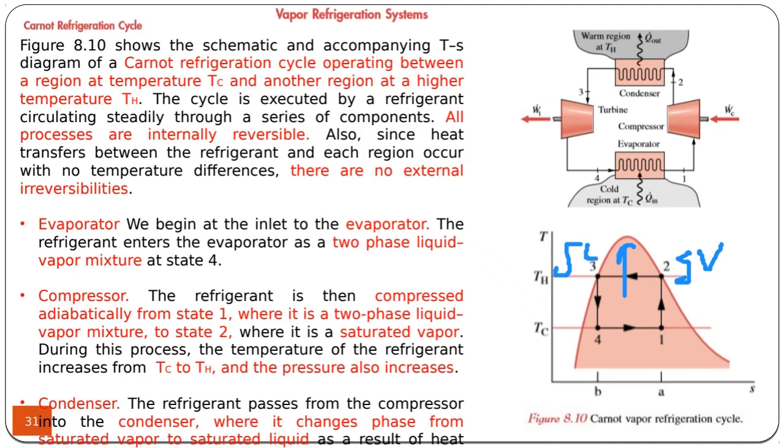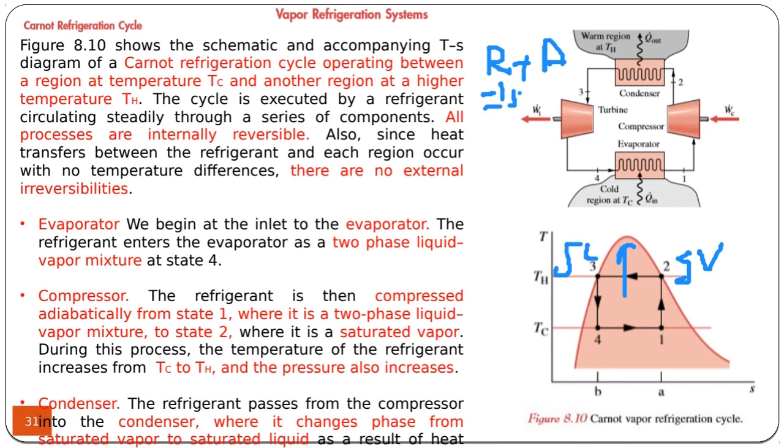So the saturated liquid gets into the turbine, and it expands inside the turbine, which is a reversible adiabatic turbine, meaning that the entropy does not change. So reversible plus adiabatic is isentropic. So both the turbine and the compressor are isentropic.